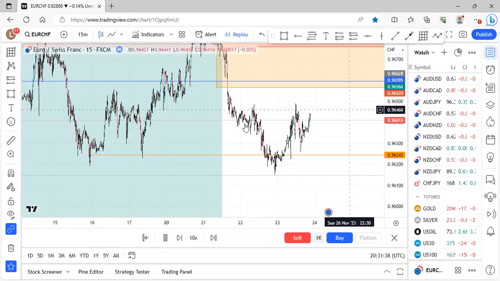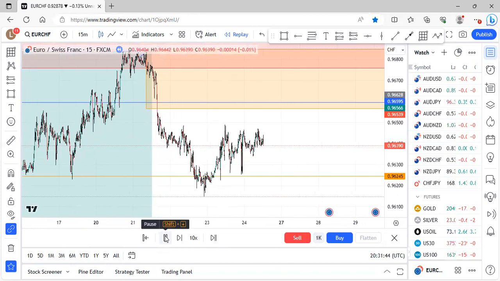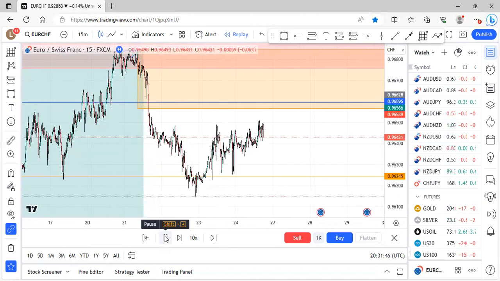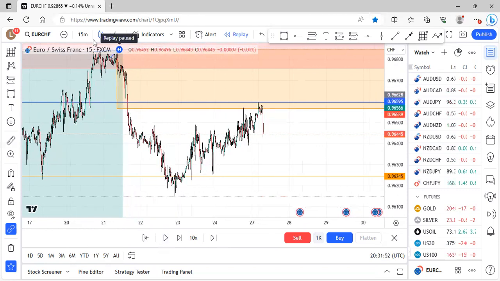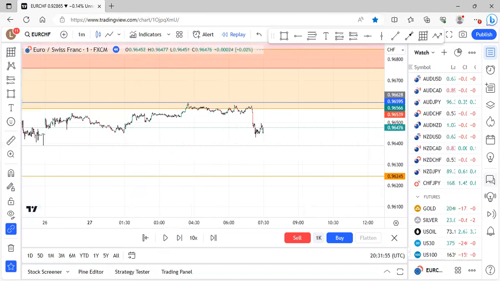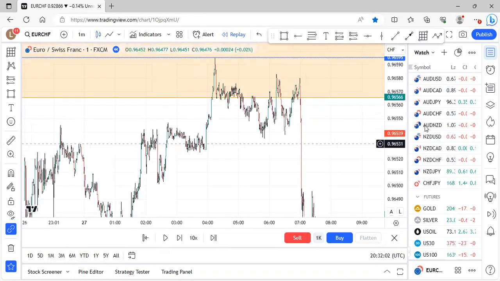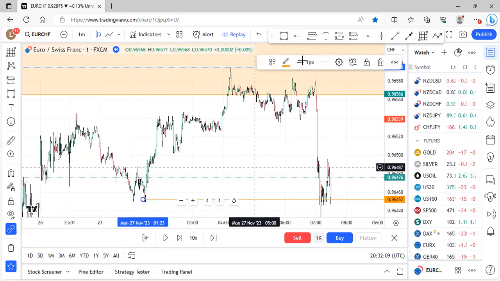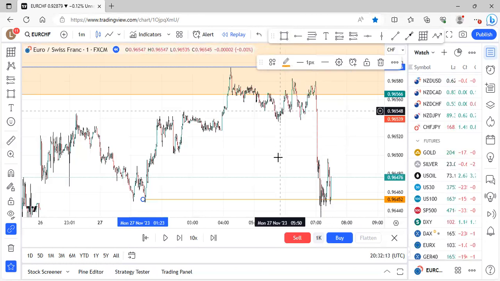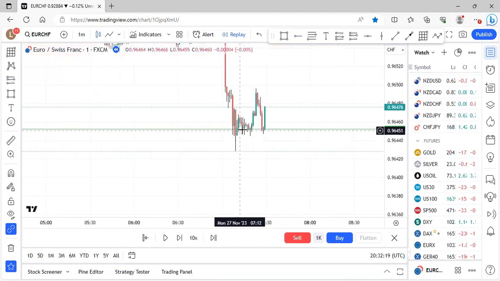Close, body closes below that 1 minute. Body closing above, yeah.